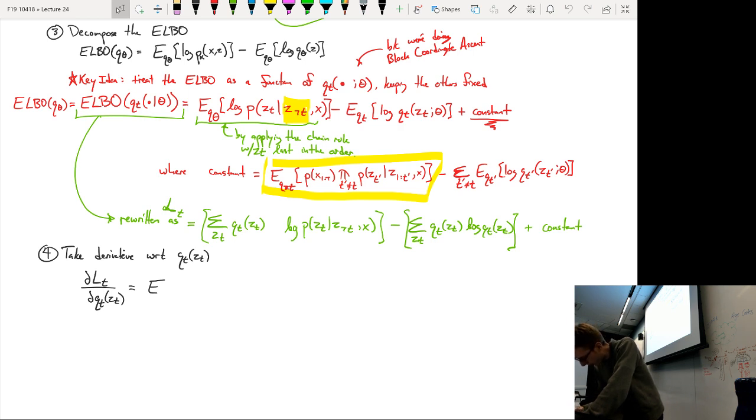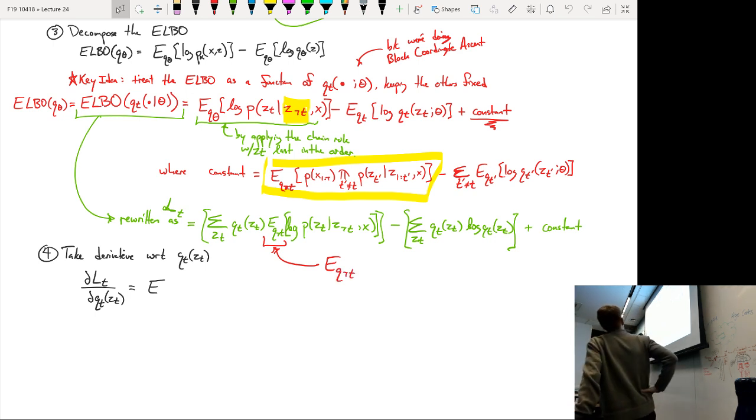So this is still an expectation under Q not T of this log. So this is sort of my key mistake, right? That this whole thing is an expectation under Q not T. That's really important here. The way that I did that is that an expectation under Q theta is just a product of Q1, Q2, Q3, Q4. So it's trivial to pull one of those terms out of the expectation and then get a sum.